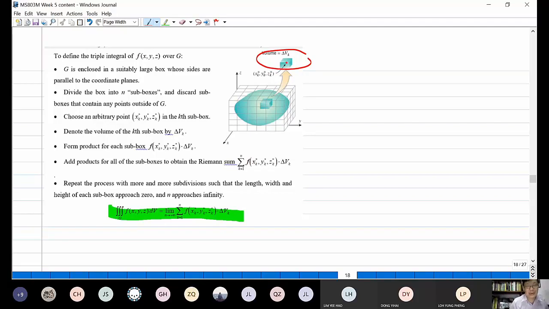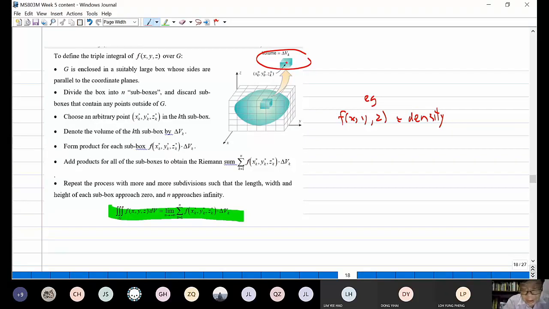The little cube has something defined on it, for example a density, say f(x, y, z).